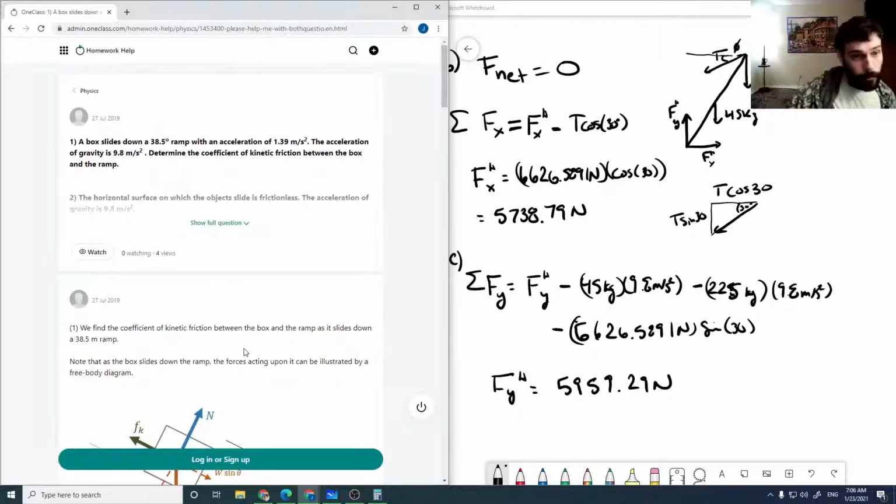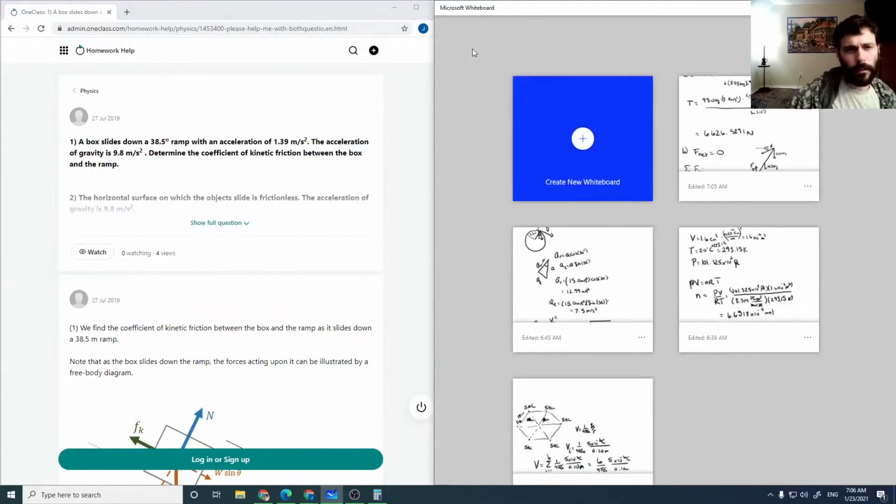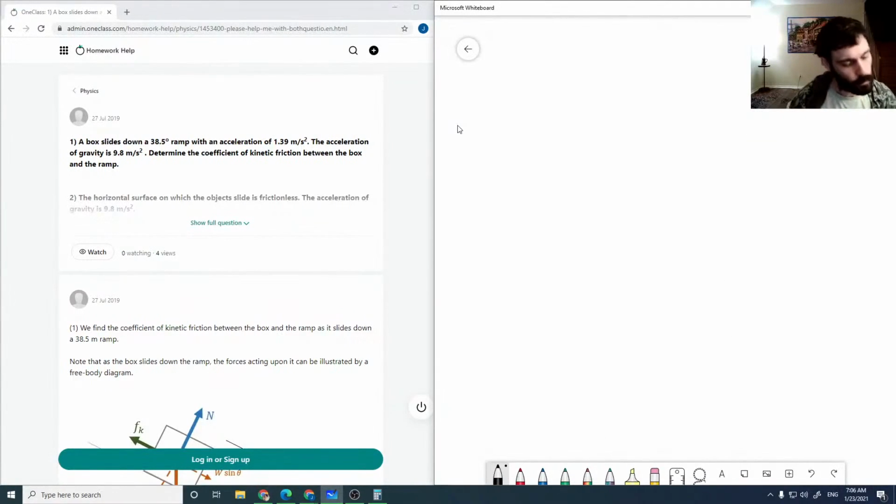Okay, so now we've got a box sliding down a 38.5 degree ramp.